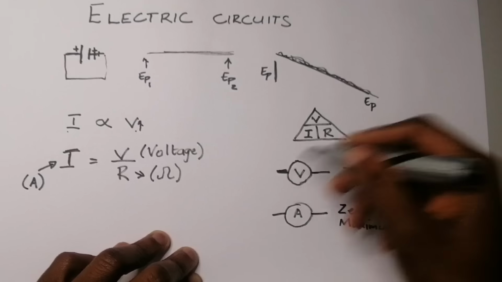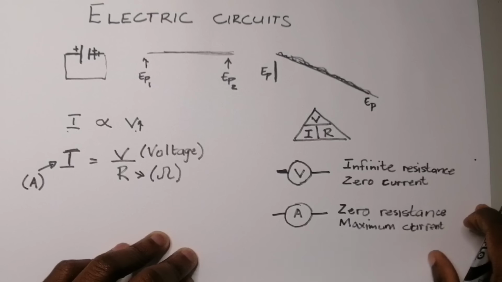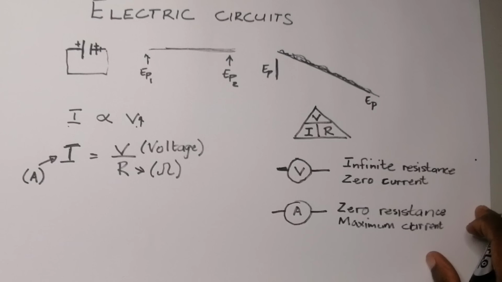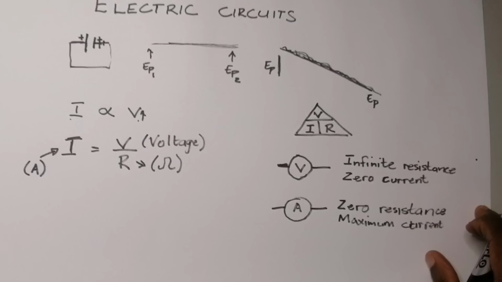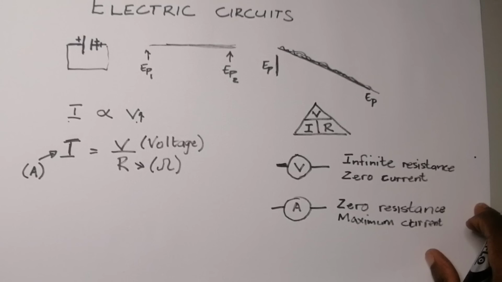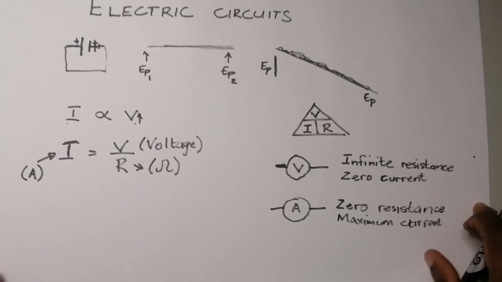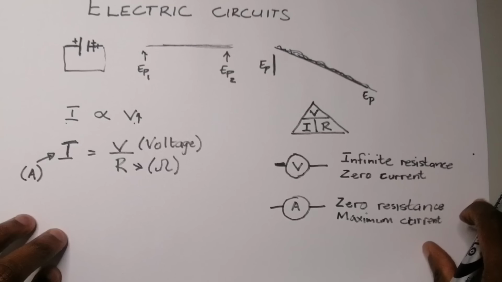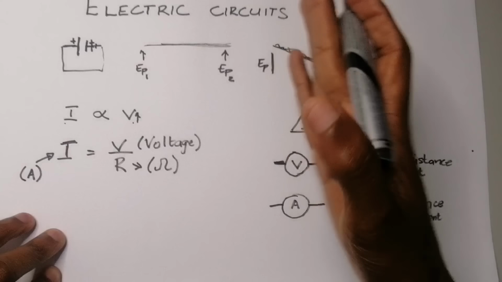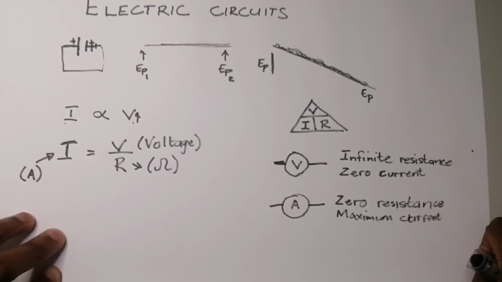So I want you to imagine, in the case of a voltmeter, I don't know if any of you have ever seen a pump that we use for pumping tires at the garage. When air is flowing through it, it doesn't give you a reading. But the moment it disallows air from passing through, that's when you get a reading. It closes one side, closes the other side, and gives you the difference between the two points.